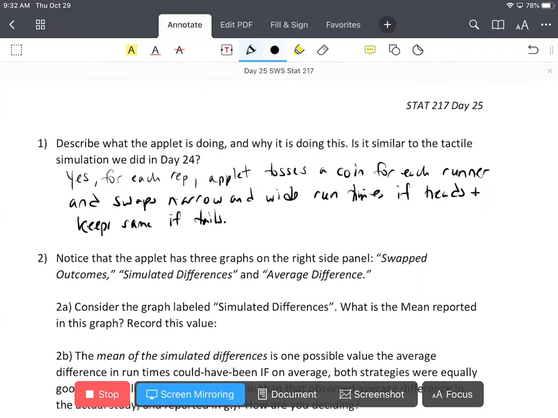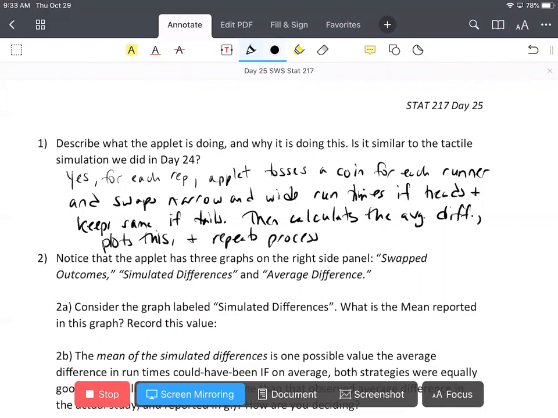Before we talked about switching signs, in this case, it actually does the switching for us. It then calculates the average difference. It plots this, and it repeats the process again once you hit the button again, which is the randomize button.